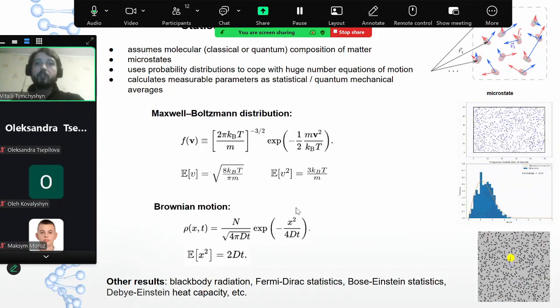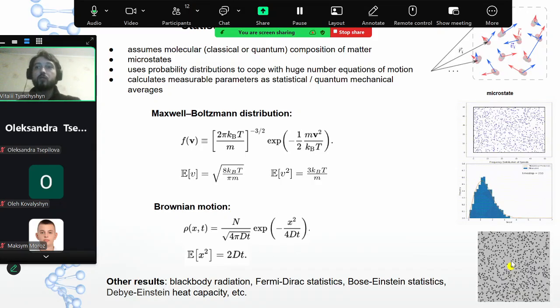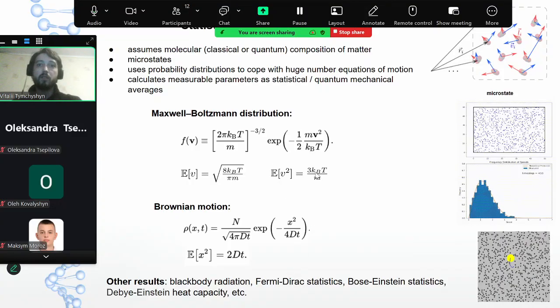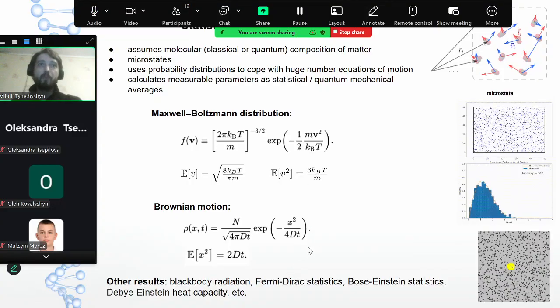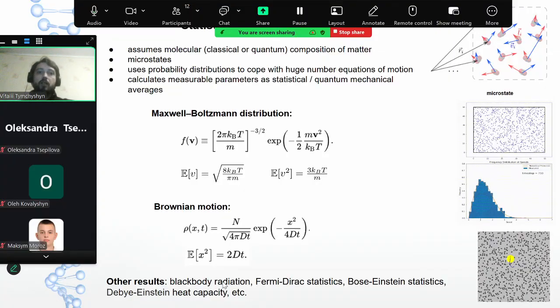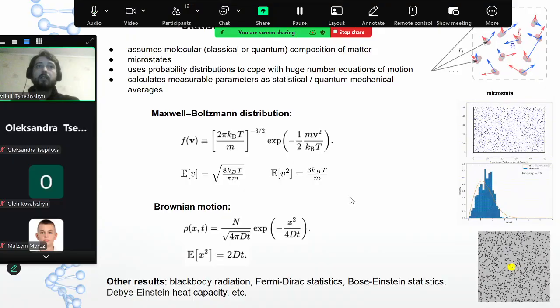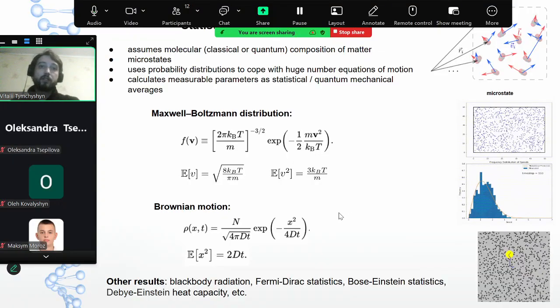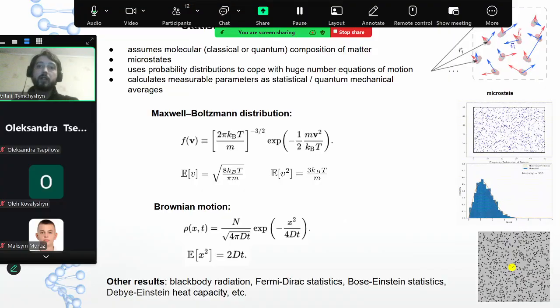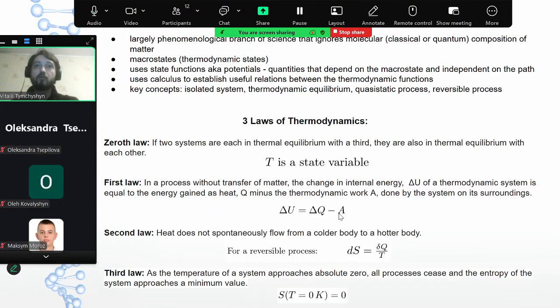Here are a few equations for Brownian motion. That was one of the first evidences of the molecular composition of matter, so they matter as well. And of course there are a pretty large amount of other results. So for example, blackbody radiation, Fermi-Dirac statistics, and so on and so forth.